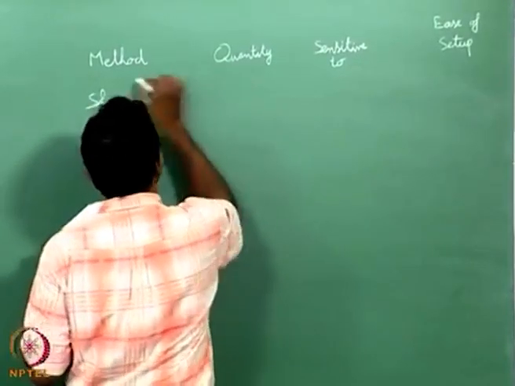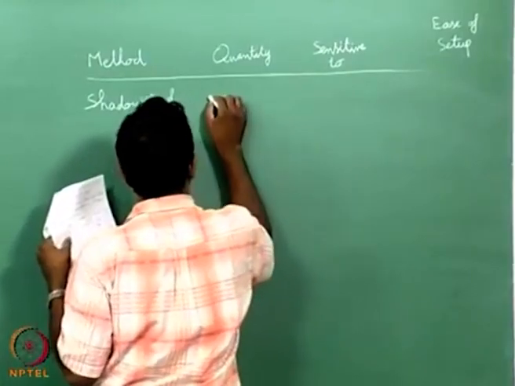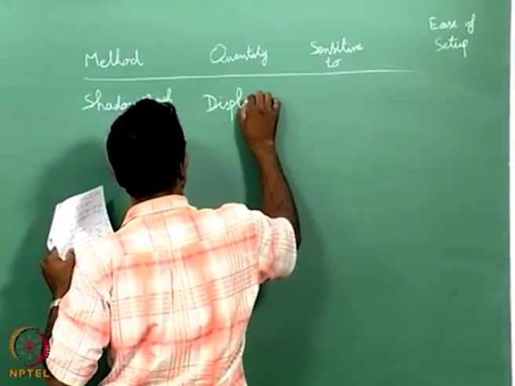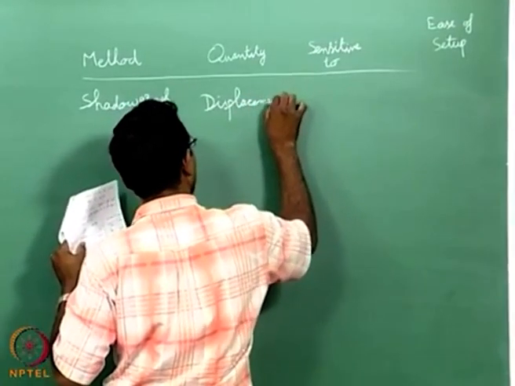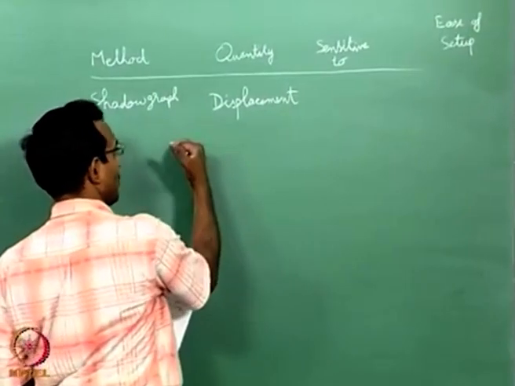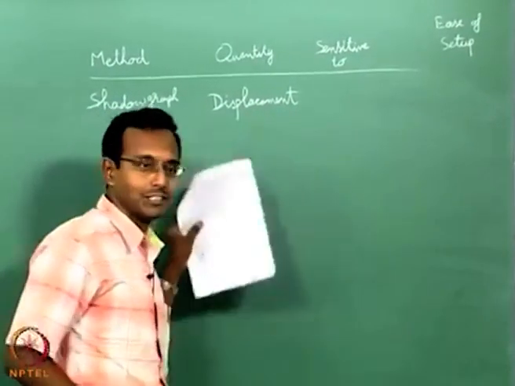Shadow graph looks for change in displacement of the light ray, what we talked about at the beginning. Light ray, instead of coming straight, has now displaced so much on the screen. That is what is given by this.